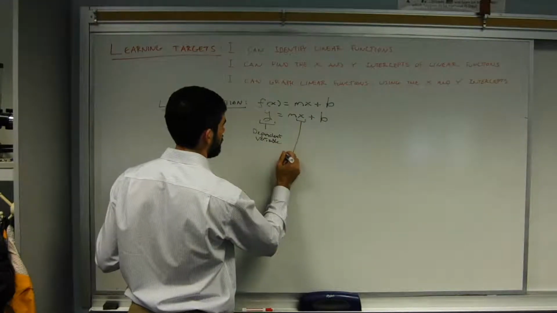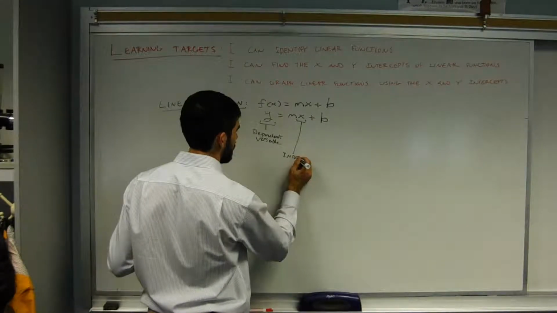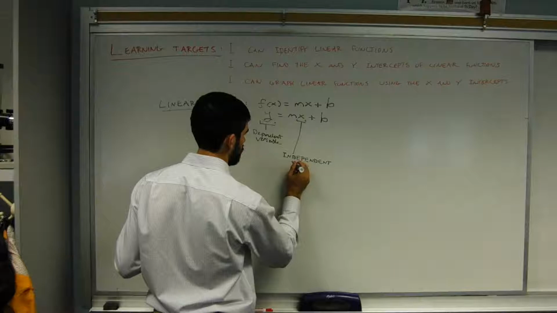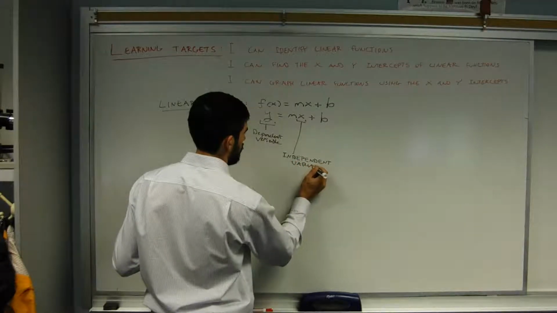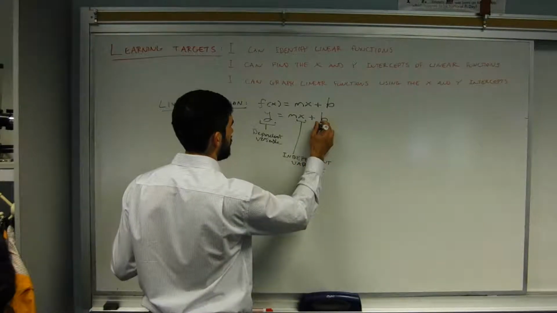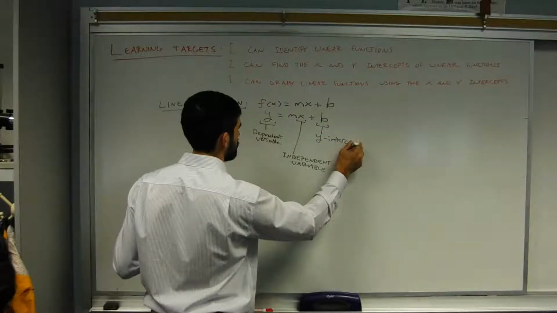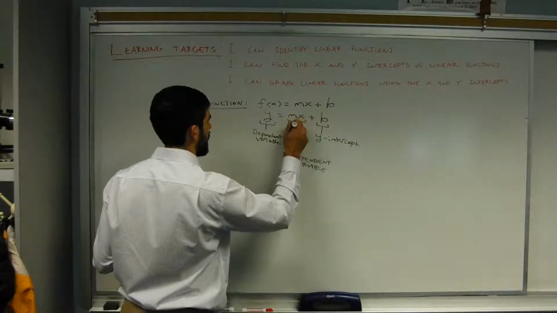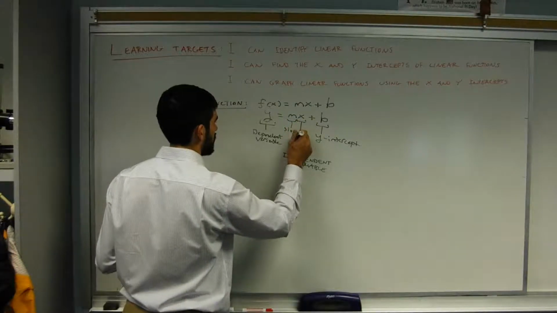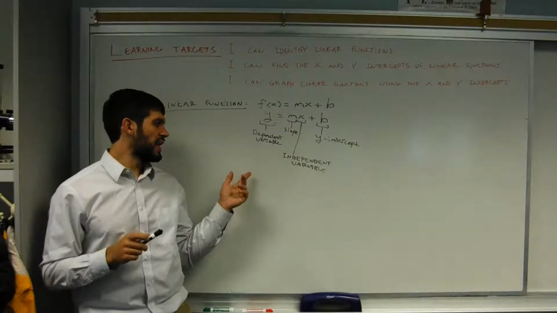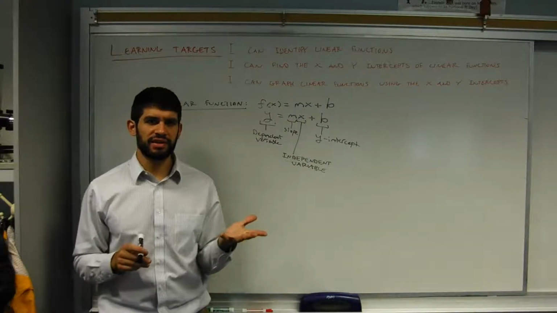X would be our independent variable. B would be what's called our y-intercept. And m would be our slope. We're going to delve a lot deeper into these concepts in later lessons.